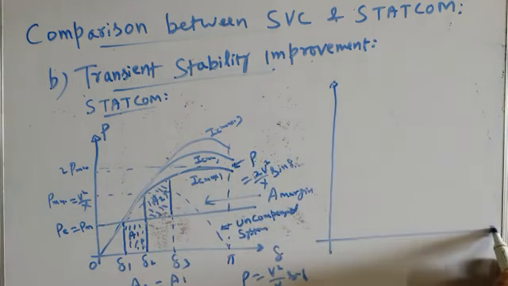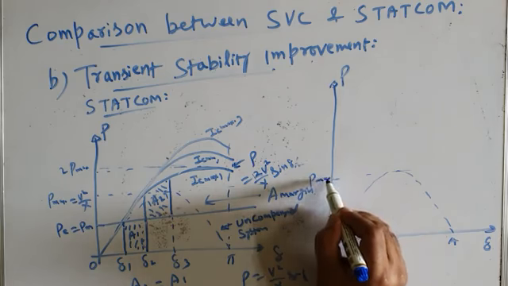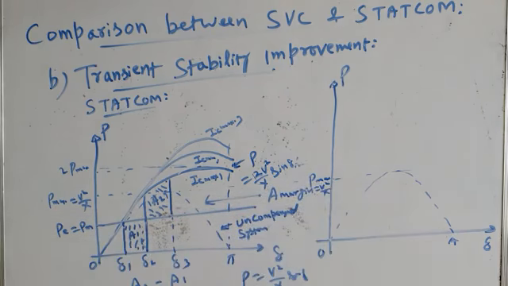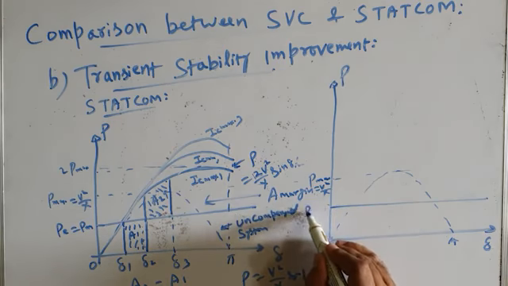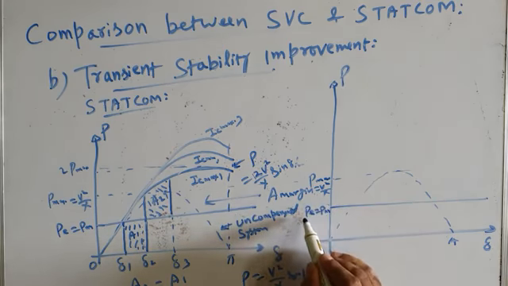This is delta versus P. Again, for the uncompensated transmission line, this is pi, and this is the same P max, which is equal to V square by X, the maximum power transmitted with the uncompensated transmission line. Let us assume the system operates here, and PE, the electrical power transmitted over the line, is equal to PM, the mechanical input power.